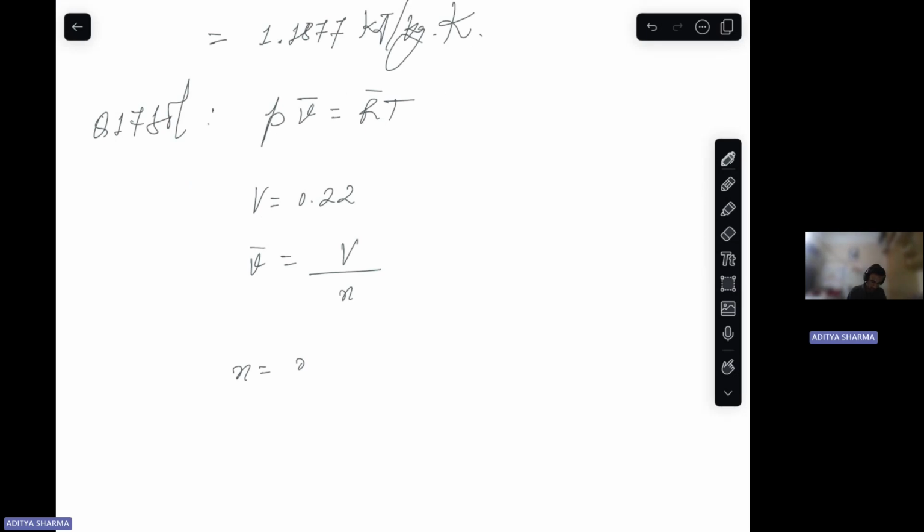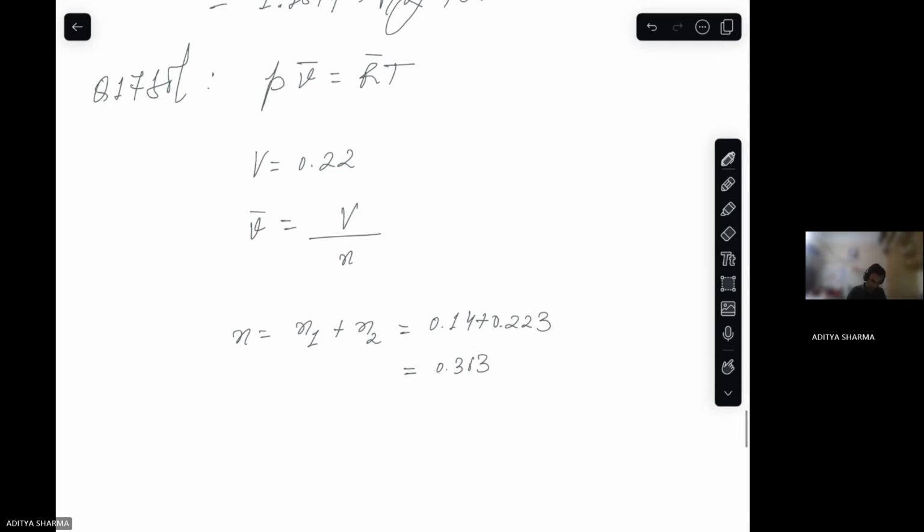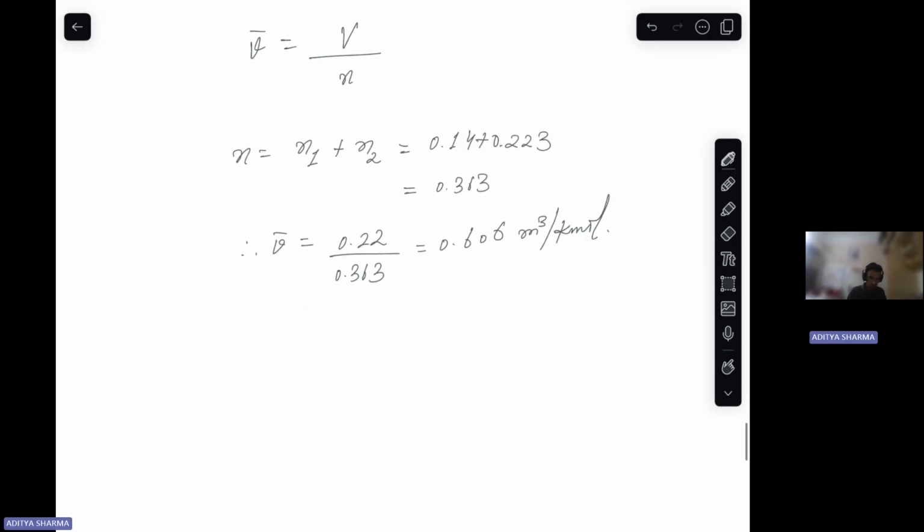So the total number of moles will be 0.2. So this will come out to be, this is your V bar.